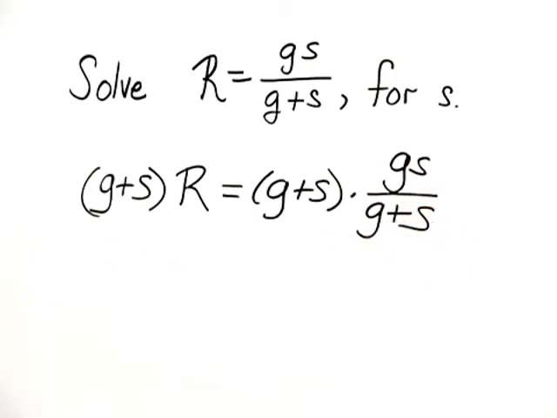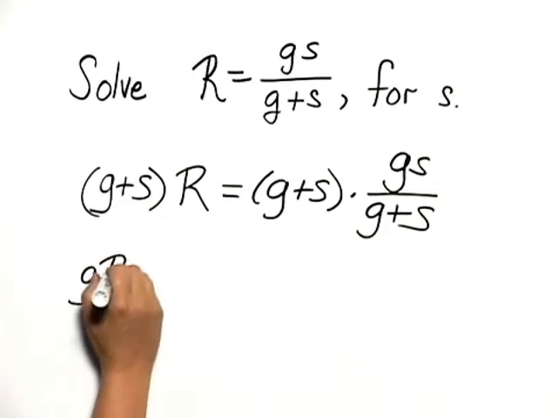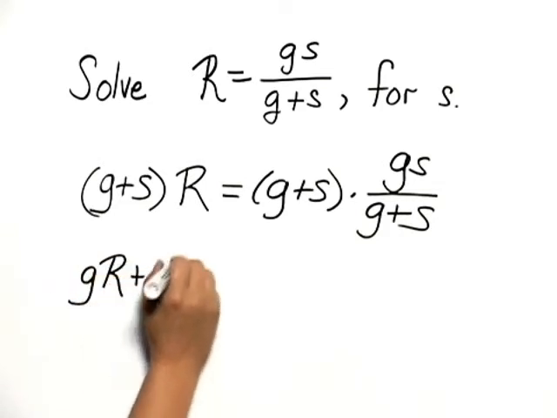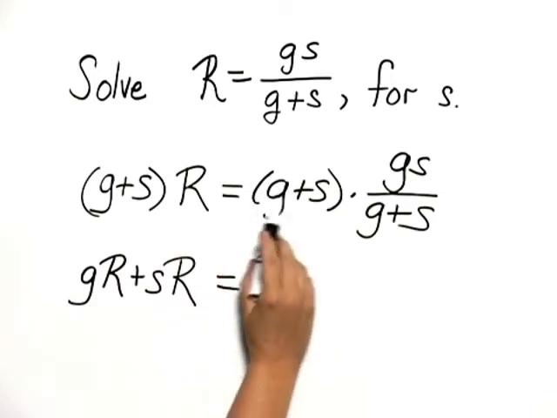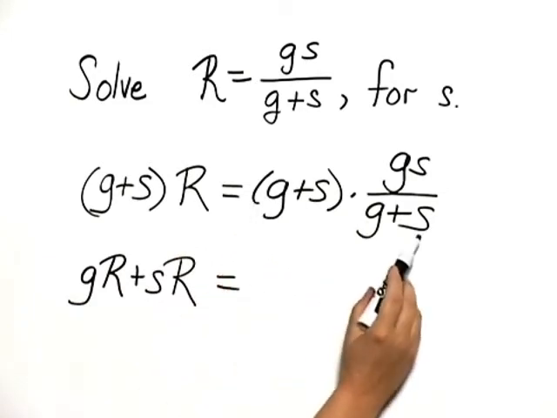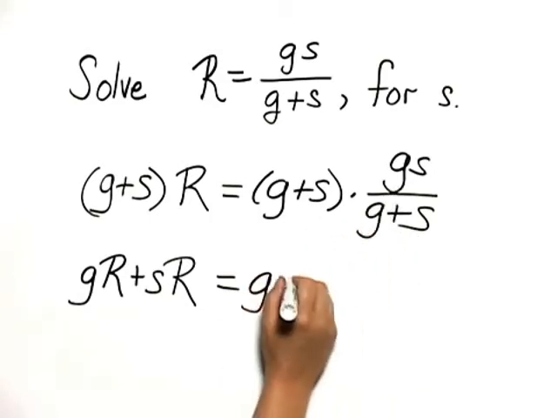Now on the left side of the equation, I can multiply this out. This would be g times r plus s times r. And on the right side, g plus s divided by g plus s would be 1. So I'm just left with gs.